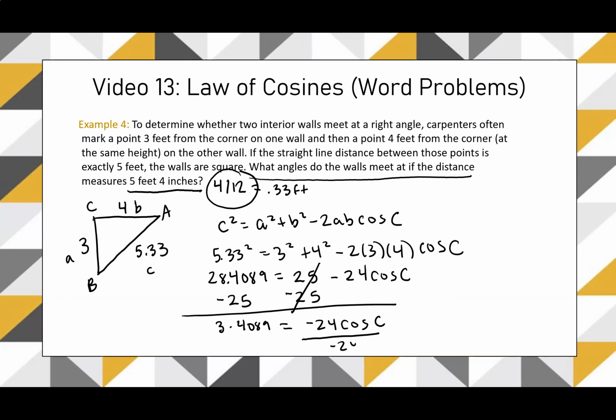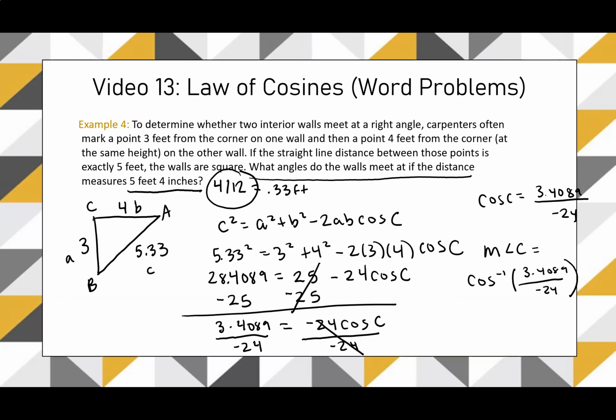Divide by negative 24. This cancels here, and I'm left with the cosine of C equal to 3.4089 divided by negative 24. So my measure of angle C is going to be equal to the cosine inverse of all that, which is going to be 3.4089 divided by negative 24.